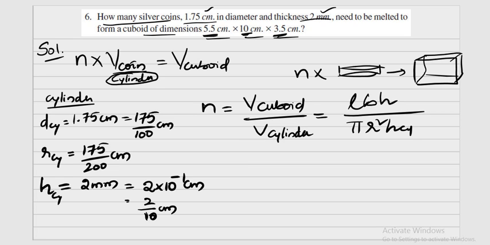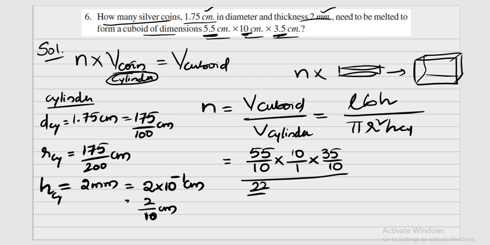Now when I substitute the values, what is the length? I can write it as 55 by 10 into the breadth, which I can write as 10 by 1, into the height, which I can write as 35 by 10, divided by pi, which I can write as 22 by 7, into the radius, which is 175 by 200, into 175 by 200, into the height, which is 2 by 10.